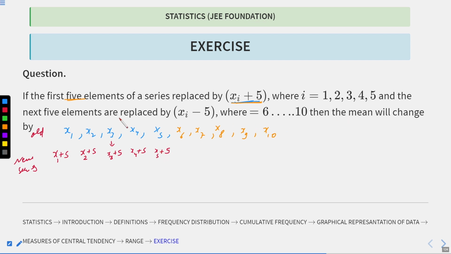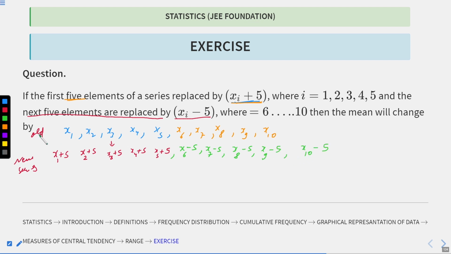Now for the next 5 elements, I replaced the elements by xi minus 5. This means x6 is replaced as x6 minus 5, x7 as x7 minus 5, x8 minus 5, x9 minus 5, x10 minus 5.